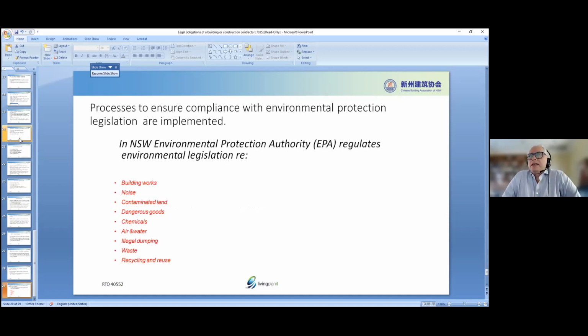And processes to ensure compliance with environmental protection legislation. So we have the Environmental Protection Authority in New South Wales that is there to make sure we comply with all these new environmental processes, requirements and law. It's the law.